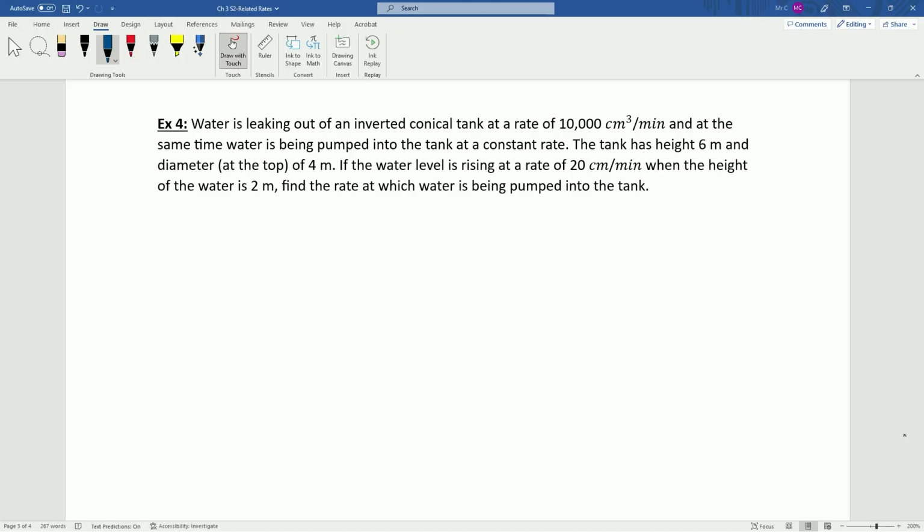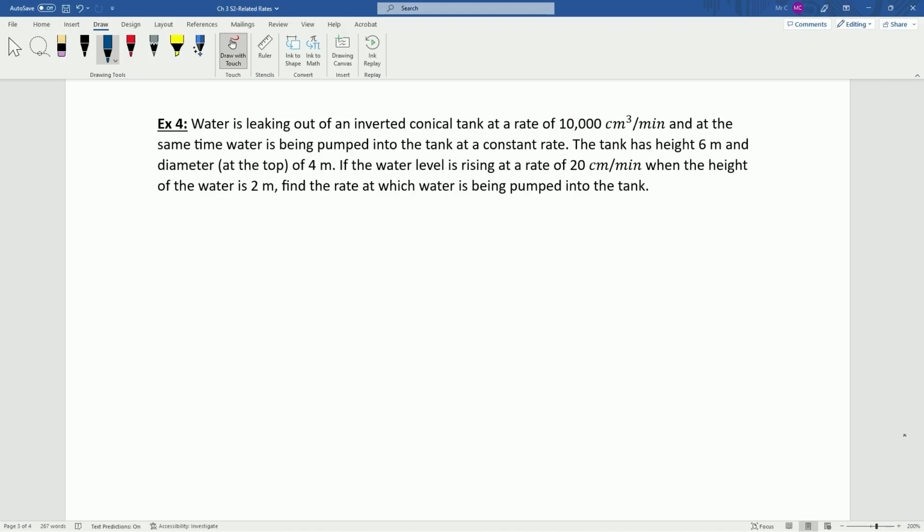The tank has height 6 meters and diameter at the top of 4 meters. If the water level is rising at a rate of 20 centimeters per minute, when the height of the water is 2 meters, find the rate at which water is being pumped into the tank.